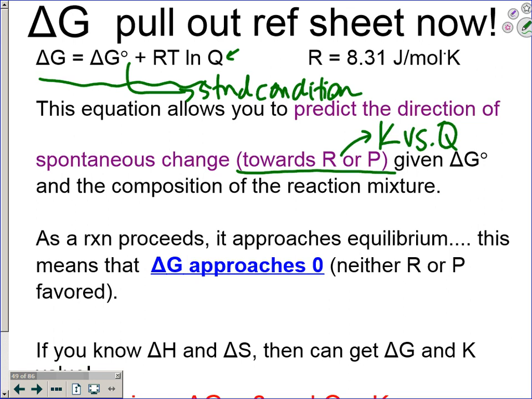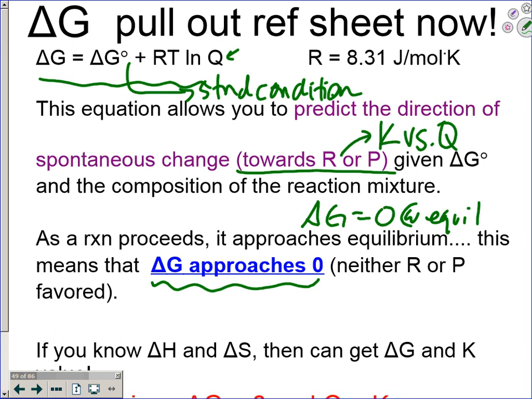Okay, and then this was a fact. When did you guys learn this? That delta G was equal to 0 at equilibrium. We learned this in, was it thermochem? Yeah, it was on the thermochem test, right? So we had to understand that delta G negative meant flow forward, very thermodynamically favorable.